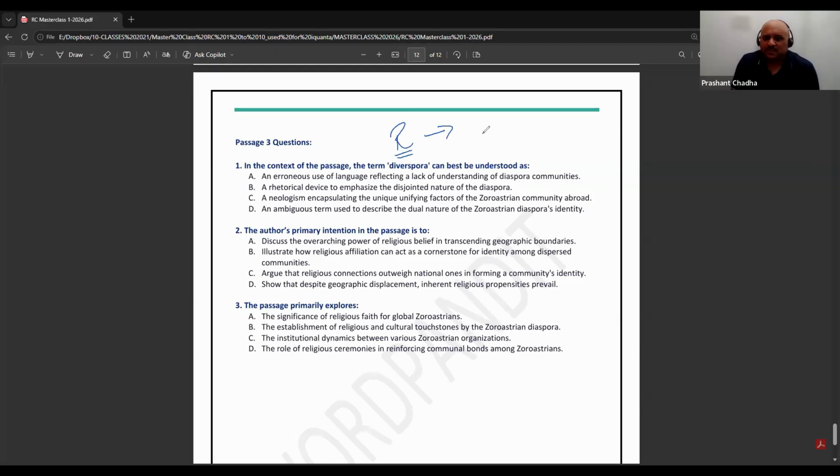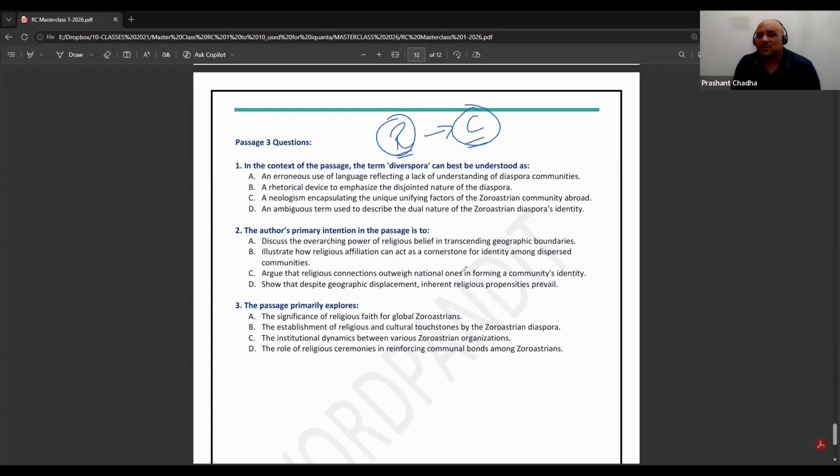But what does she want to say? That actually these places serve a cultural purpose. What would a community create when it's gone outside? It will create a place of worship where they can go. But the place of worship is actually a cultural place to meet for them. It's not about the religion. So that's why it becomes secular as well.